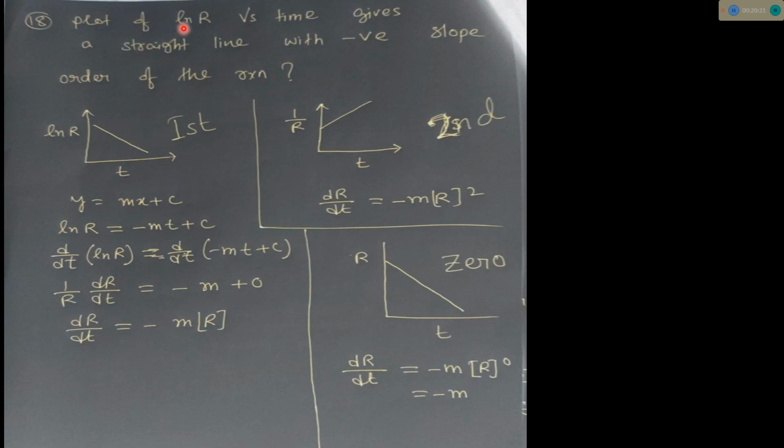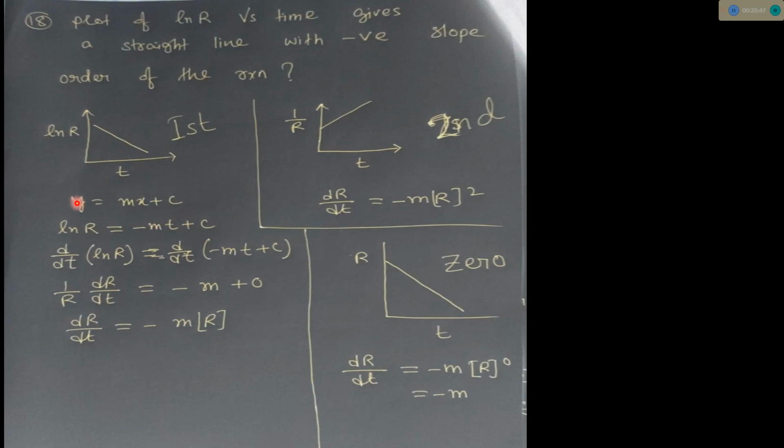In the questions they give ln r versus time, with a negative slope, straight line. Now we have to write the normal straight line equation, y is equal to mx plus c, the general equation of a straight line.